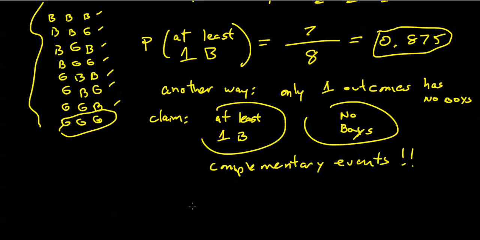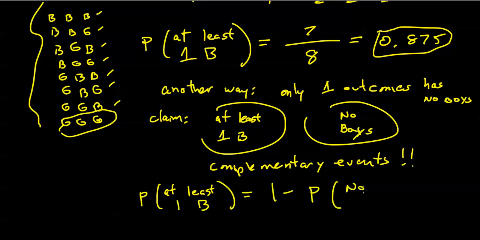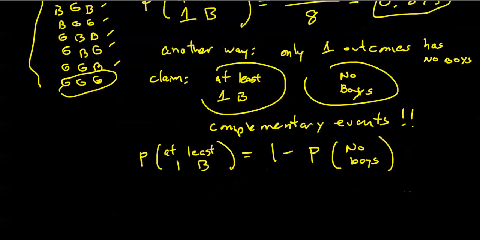Then I can say the probability of at least one boy is 1 minus the probability of no boys. You agree? Because they are complementary events. The probability of no boys is equivalent to the probability of all 3 being girls. Think you'll agree?